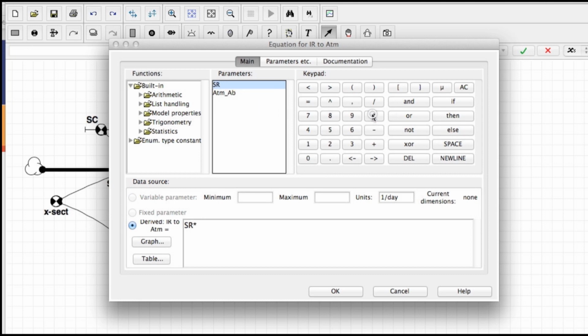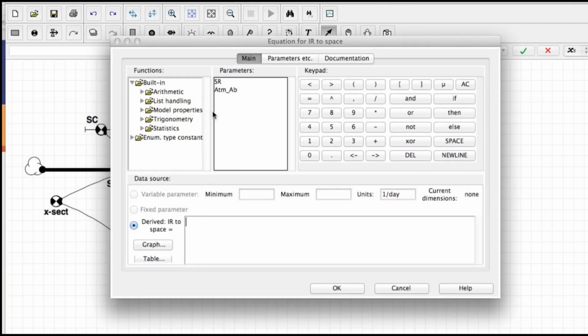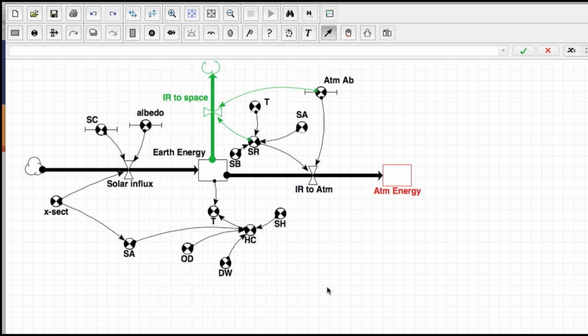It's the percentage that is absorbed by the atmosphere. There we go, easy enough. The IR to space then is the rest. So the surface radiation times what does not get absorbed by the atmosphere, which in mathematical terms we write as 1 minus the atmospheric absorption coefficient. The rest goes to space.